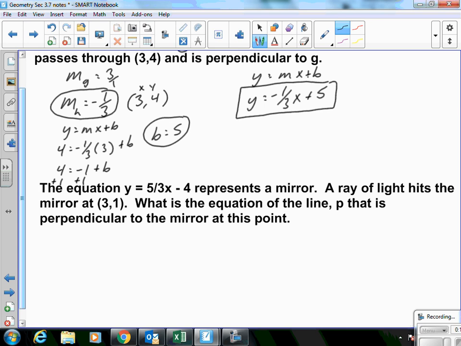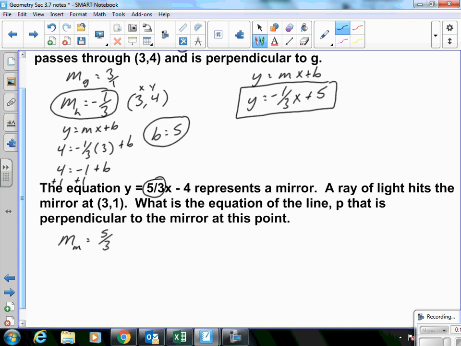Right. So the slope of the line we're given is going to be 5/3. So the slope of the mirror, that's what that equation represents, is going to be 5/3.